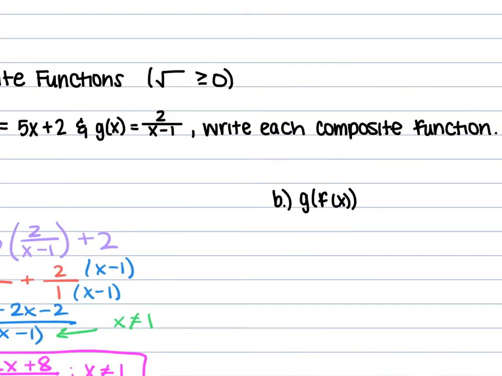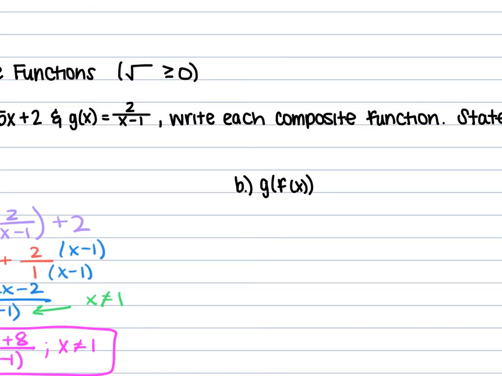For b, we have g of f of x. So we're plugging f of x, which is the 5x plus 2, into g of x. So this is going to be 2 over x minus 1. Well, x is 5x plus 2, and then we subtract the 1 from that.